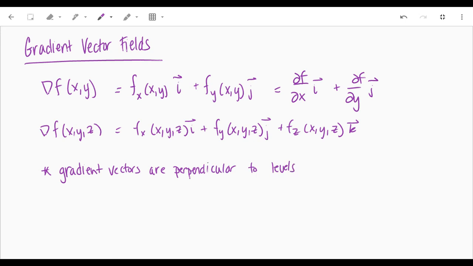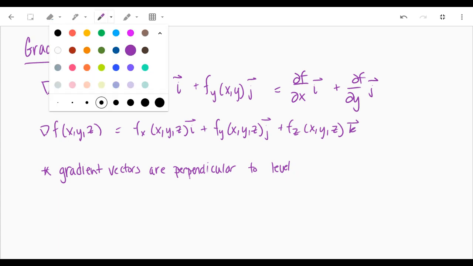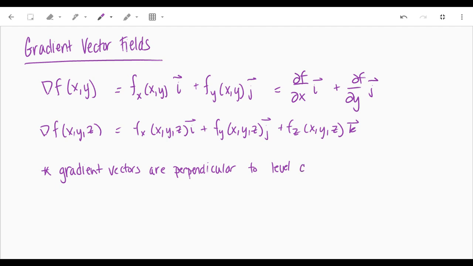Okay, so we're going from drawing one curve or one surface and figuring out its gradient at a single point to thinking about a whole family of level curves and drawing in the gradient vector field. Okay, and it's kind of an interesting thing to look at. So you already know that gradients are perpendicular to the surface or the curve.